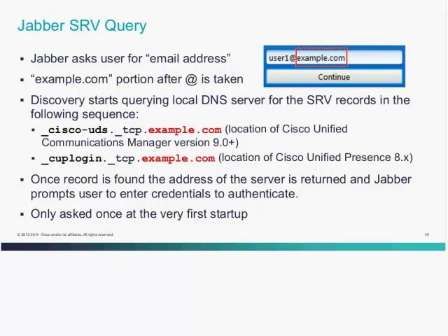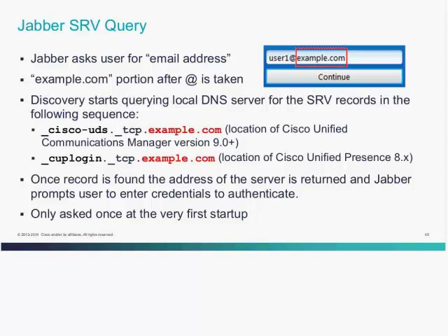So let's look at how the Jabber SRV query is actually sent to the DNS server. When you log in for the first time, the Jabber user needs to enter his user ID or email address, which contains example.com, in this case; that portion is taken as the domain name.